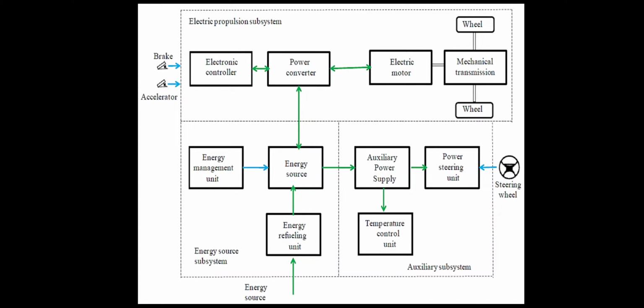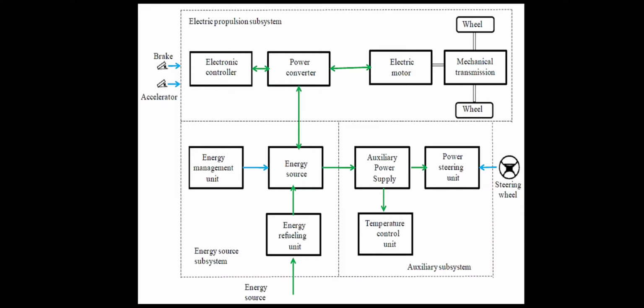Based on the control input from the brake and accelerator pedals, the electronic controller provides the proper control signal to switch the power converters on or off, which in turn regulates the power flow between the electric motor and the energy source. The backward power flow is due to regenerative braking of the EV, and this regenerative energy can be stored provided the energy source is reciprocative.